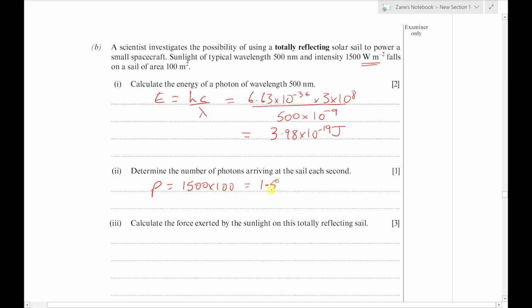That gives us 1.5 times 10 to the 5 watts in total. Now to find our number of photons, we can divide that total number of joules per second, which is what power is, by the energy of each of the photons, to find how many photons we need per second to give that same total amount of energy.